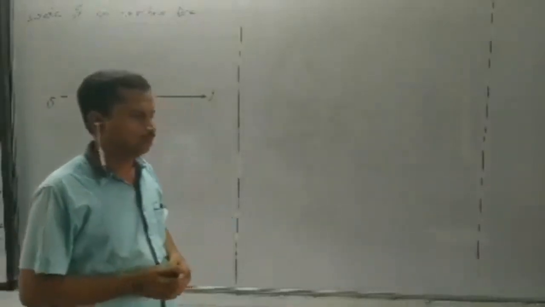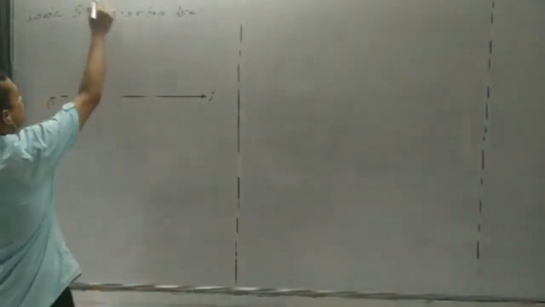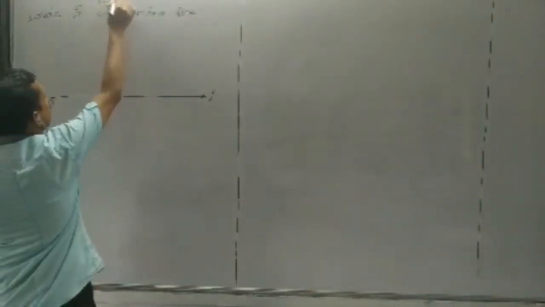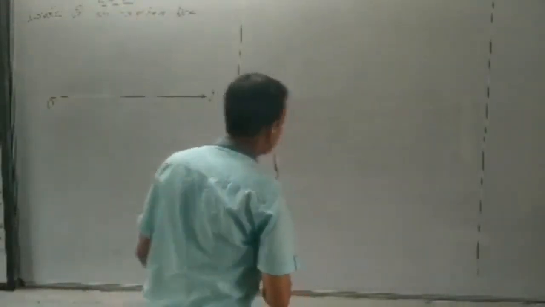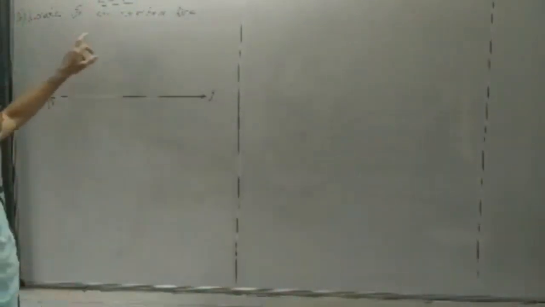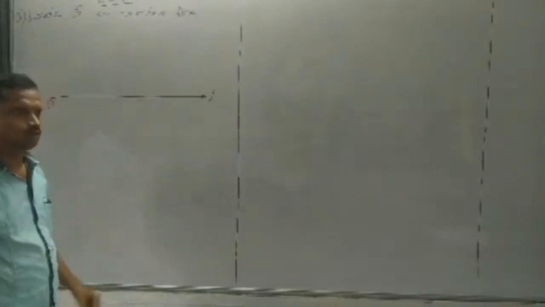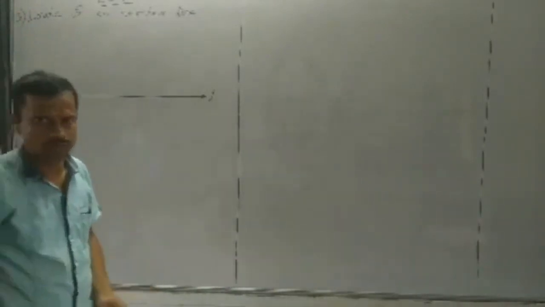And now in this exercise 1.2, the question number 3, the third question: locate root 5 on number line. Before root 5, I taught you how to locate root 2 and also root 3.